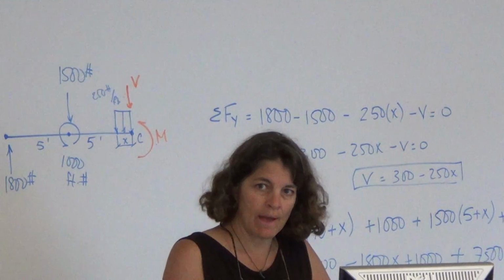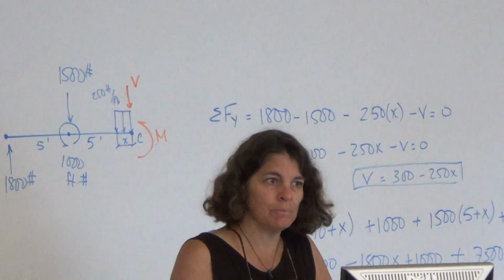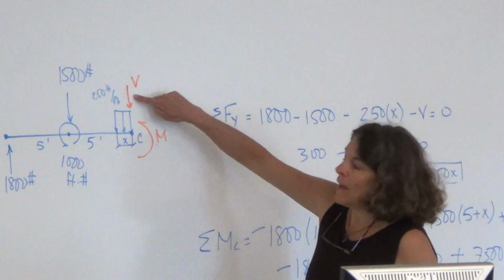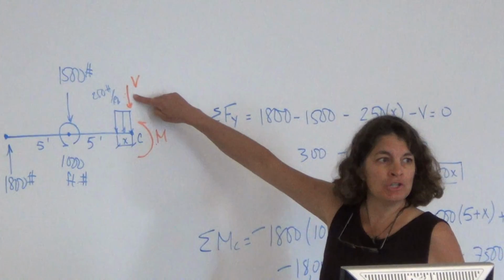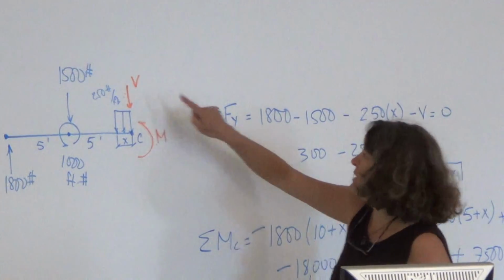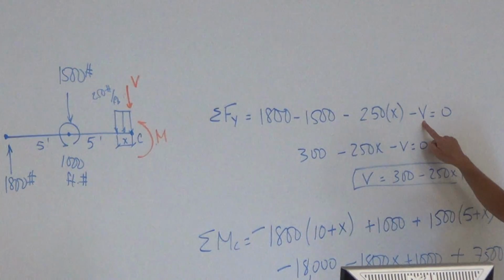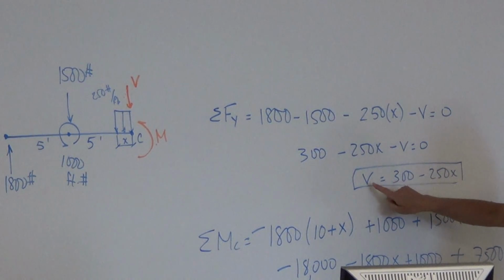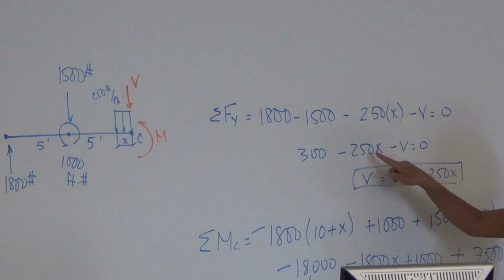But let me say it anyway, okay? Everybody keep your ears open. When I put a negative v in the equation, v comes positive to the other side, and v is totally equal to this stuff.